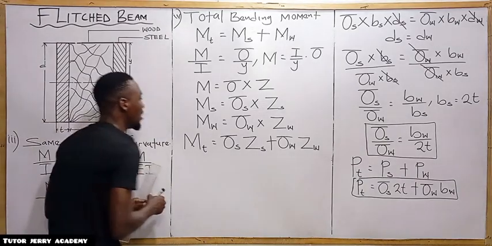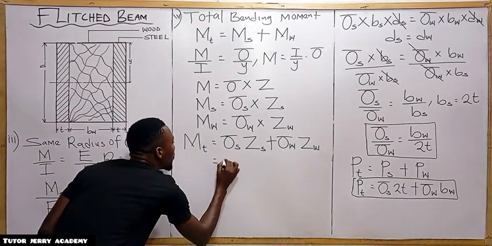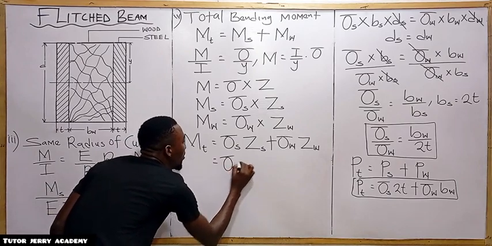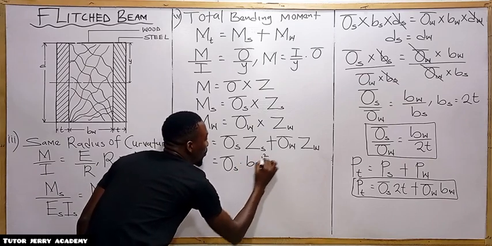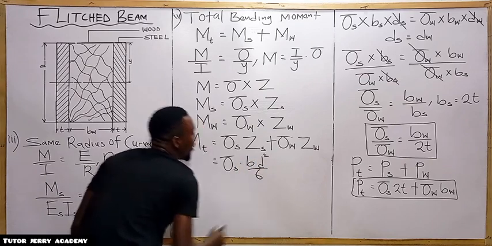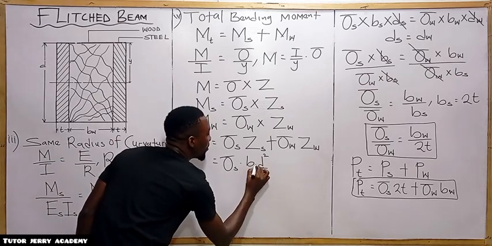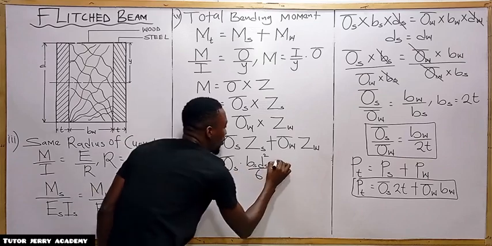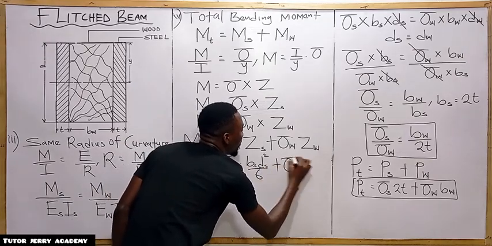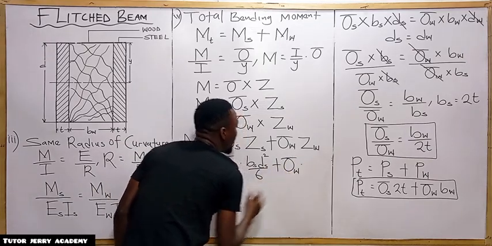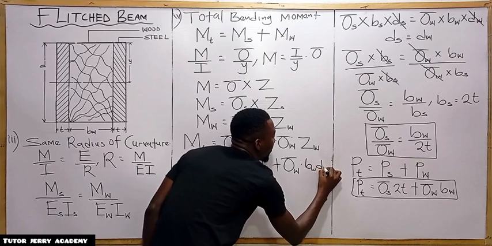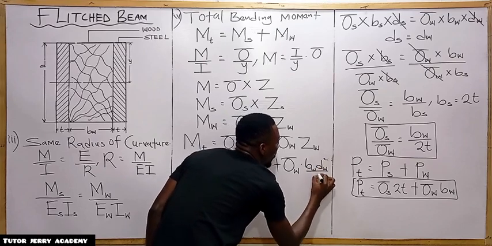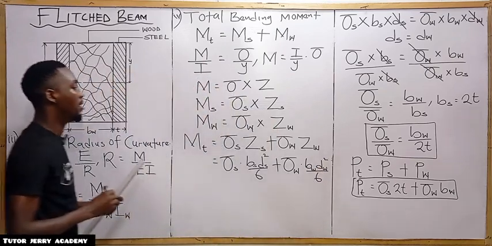So here we are going to have M equals the stress of the steel multiplied by BD squared all over 6, plus the stress of the wood multiplied by B_W multiplied by D_W squared all over 6. I hope we understand this.